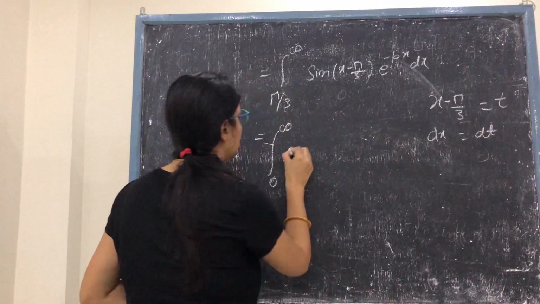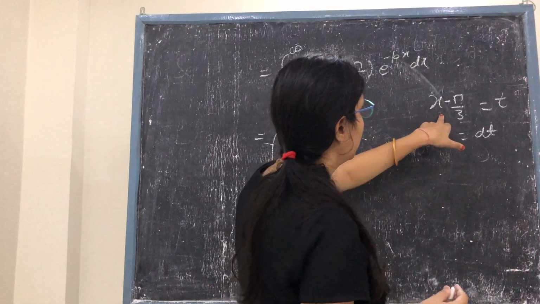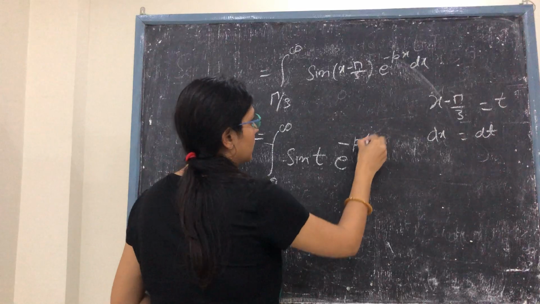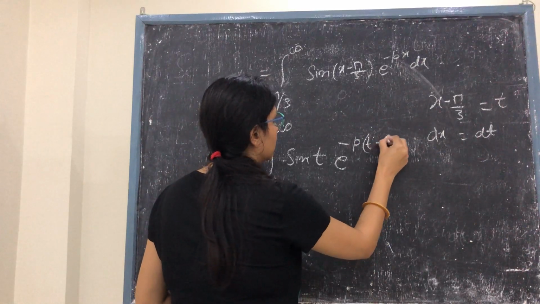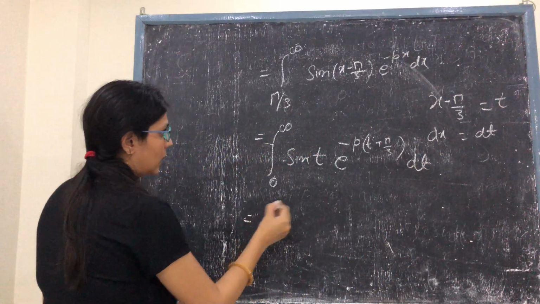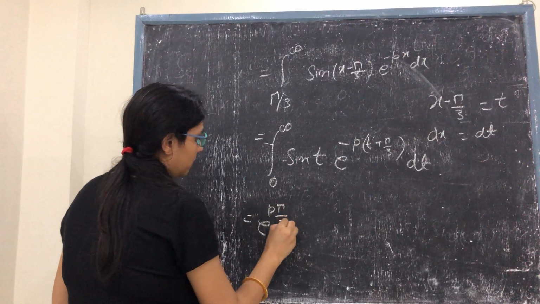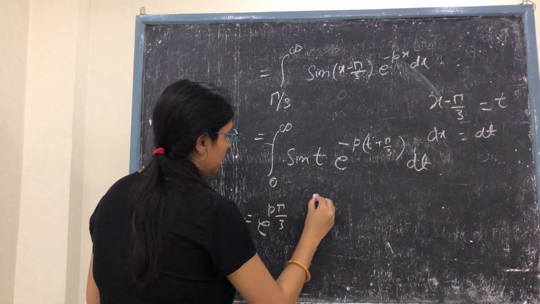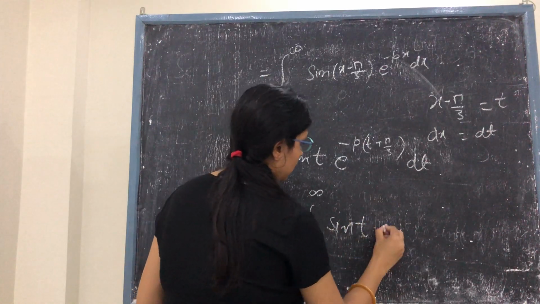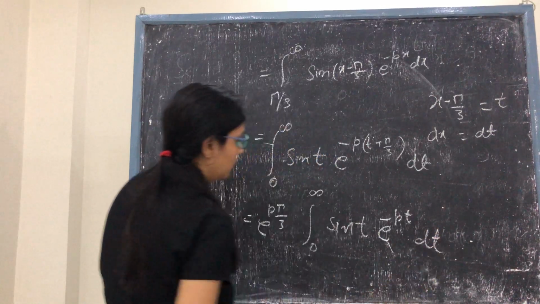So we get sine of t e to the power minus p times (t plus pi by 3) dt, since x is replaced by t plus pi by 3. It can be written as e to the power minus p pi by 3 times integral from 0 to infinity sine of t e to the power minus pt dt, which is what?